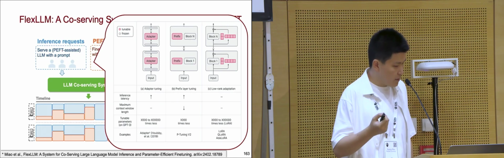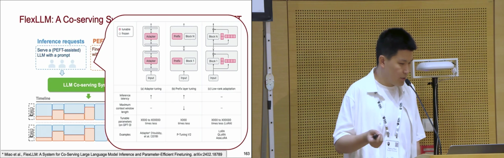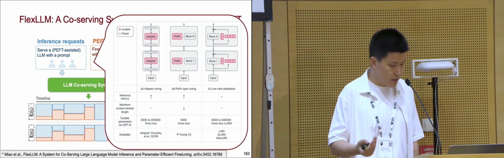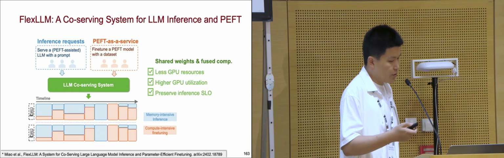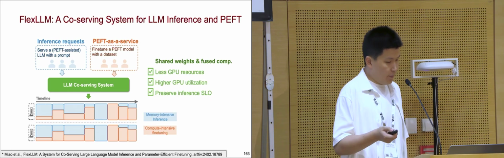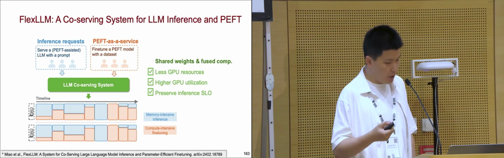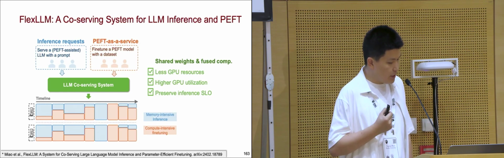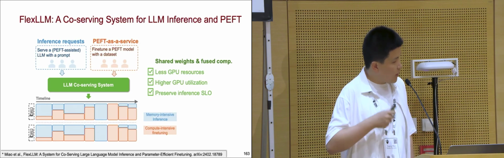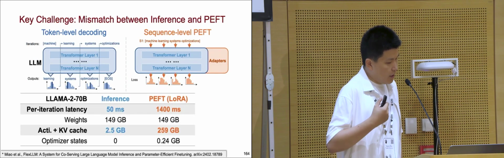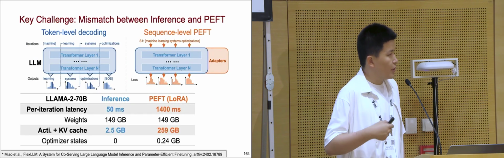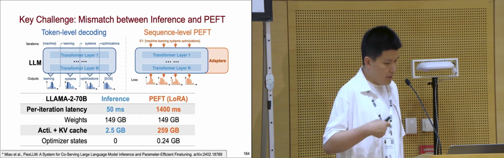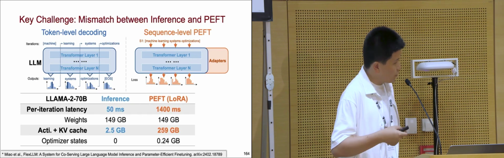Maybe you have heard about some papers on machine learning scheduling systems. Previous approaches usually do not share resources between training and inference because they have diverse compute logics and performance requirements. The opportunity here is that, as we mentioned before, parameter efficient fine-tuning enables the model to share the base model weights with the inference process.